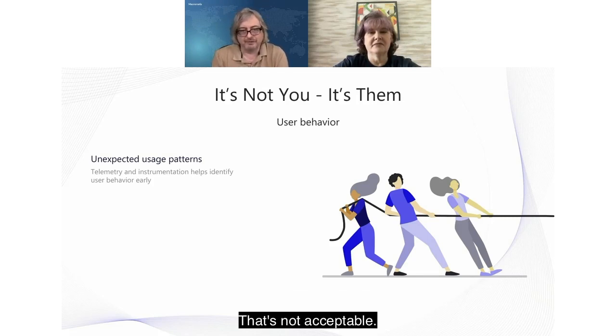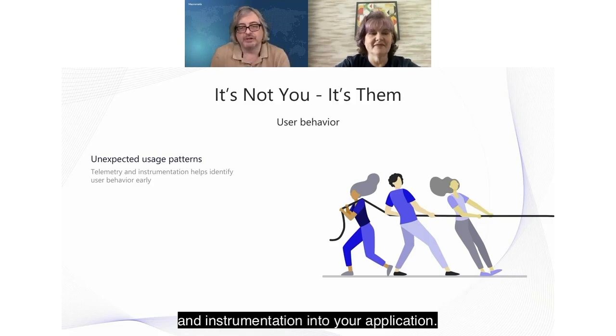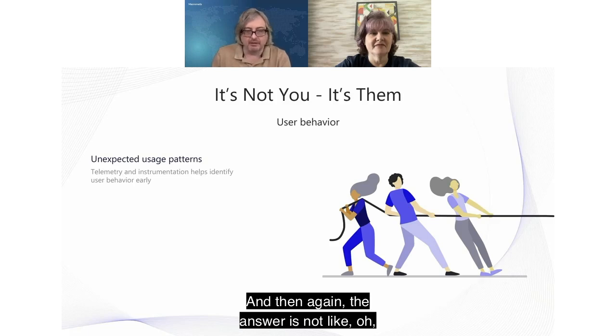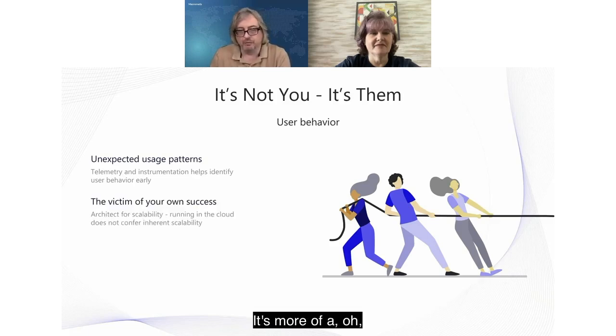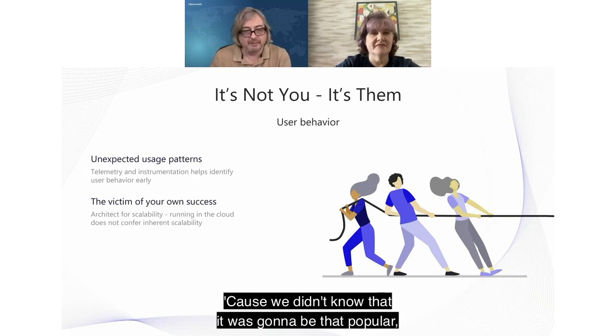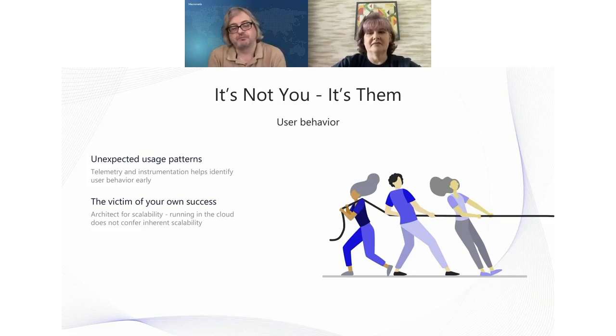That's not acceptable. Like, why? But you won't know if you don't build that kind of telemetry and instrumentation into your application. So it's really important. And then again, the answer is not, oh, your user shouldn't do that. It's more that we need to invest more in that feature because we didn't know that it was going to be that popular. But it gives you a lot of insight into your product market fit as well.